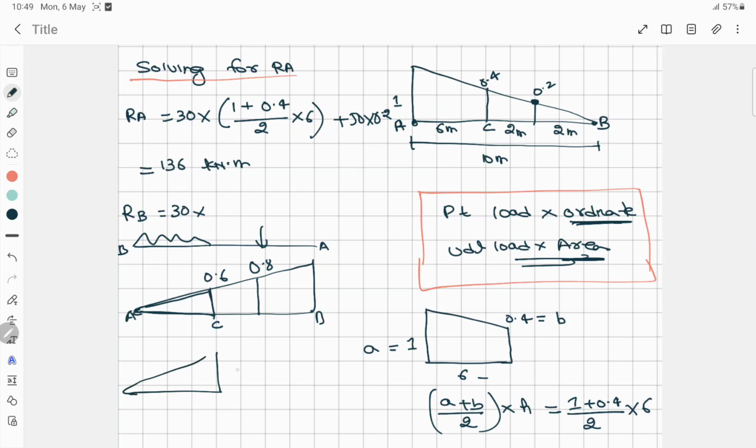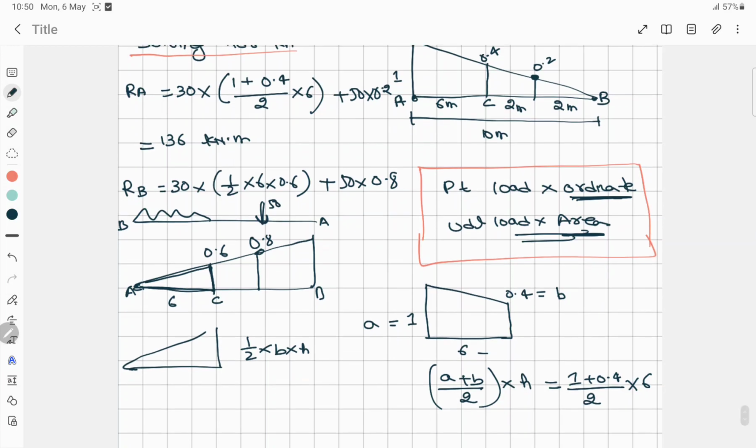So what was the formula? Half into base into height, right? Half into base into height. So just you need to put the values. Half into base will be 6, right? 6 into height is 0.6 plus, here it was 50, right? 50 into the ordinates, so 50 into 0.8.